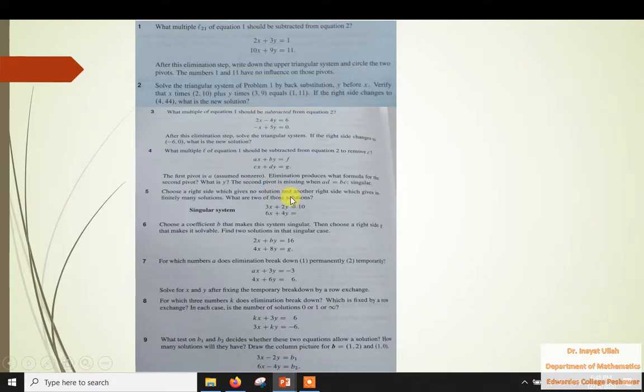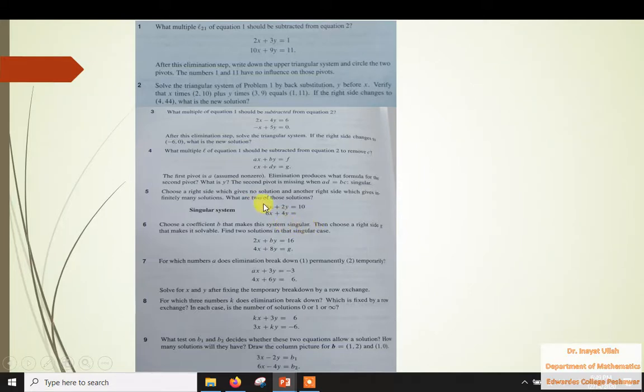So for no solution, choose this number in order to subtract these two to get a non-zero number. You may choose any number. For infinitely many solutions, choose that number which gives you 0 here. 0 is equal to 0, infinitely many solutions.